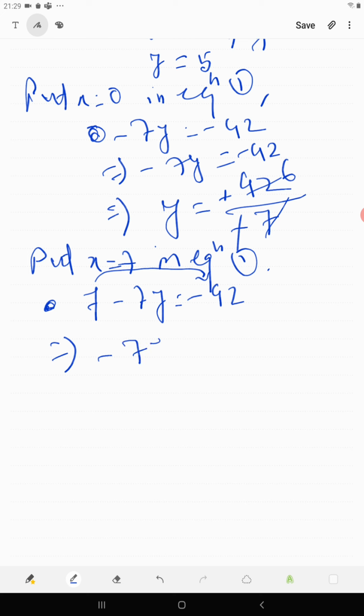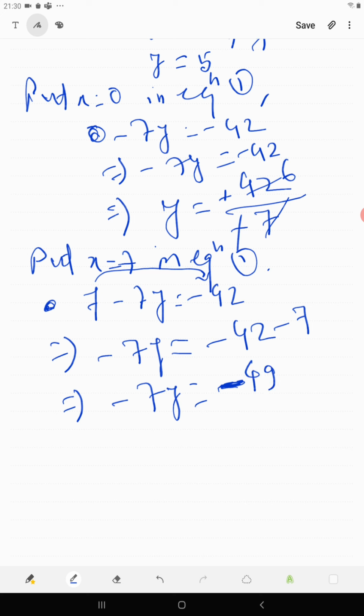We are left with minus 7y equals minus 42, and this plus 7 becomes minus 7. Now both are negative, minus 42 minus 7. So write the sign minus and add both. 42 plus 7 is 49, so it will be minus 49.